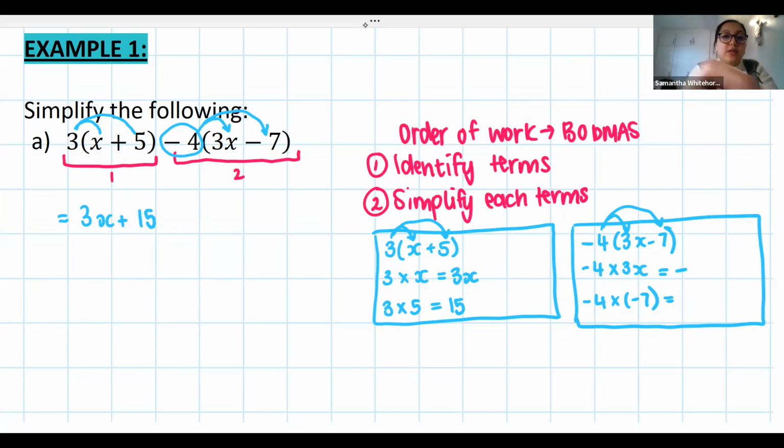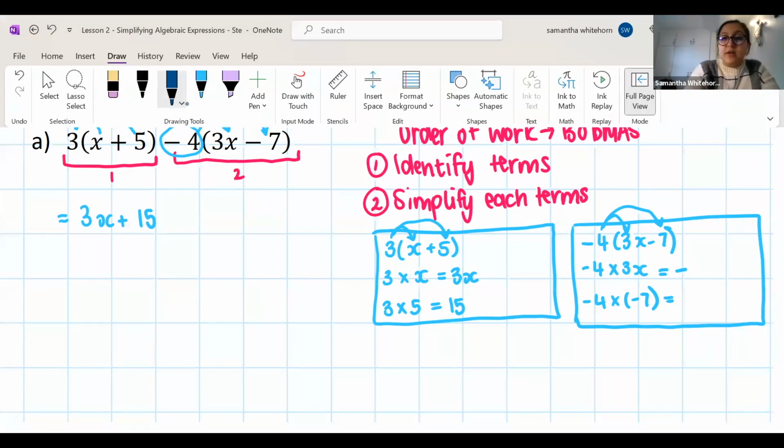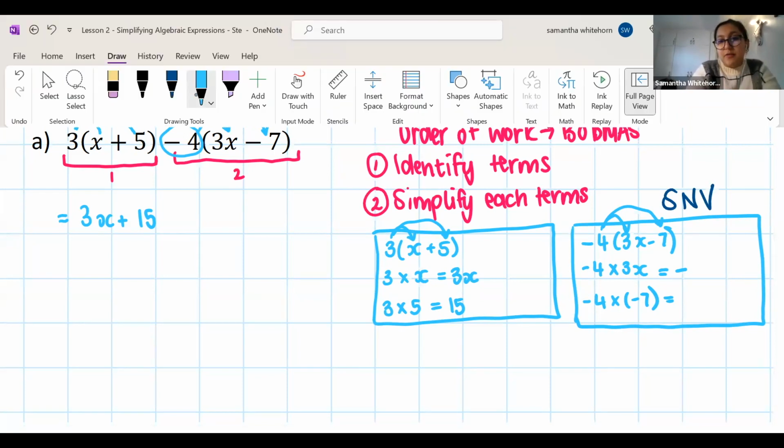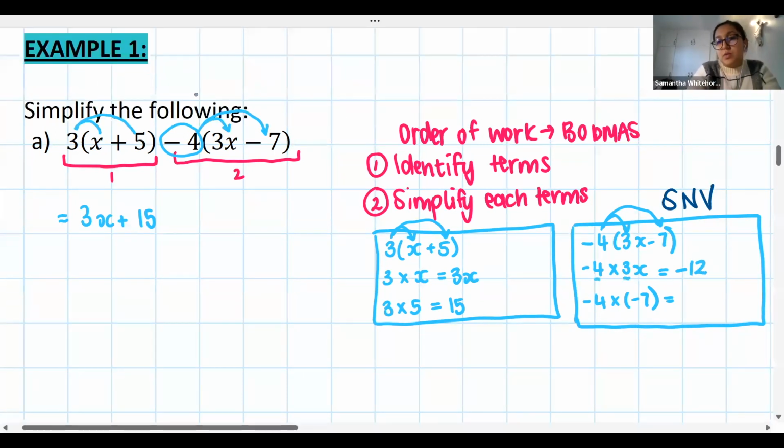Remember, if we go back to what we've been speaking about previously, SNB: signs first, then numbers, then variables. So I've just dealt with my sign. Now I'm going to deal with my numbers, which means I'm going to say 4 times 3, which gives me 12. And then my variable, I only have an x, so it's minus 12x. My last distribution, I've got a negative times a negative.